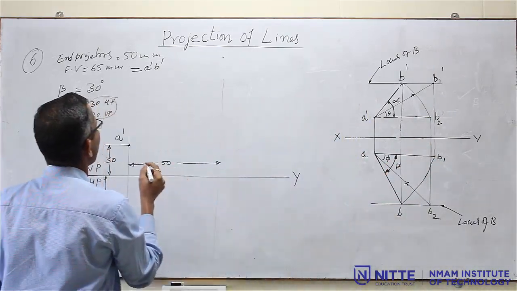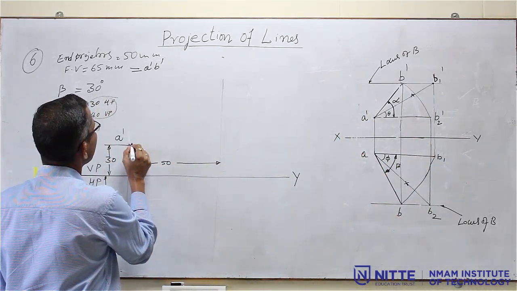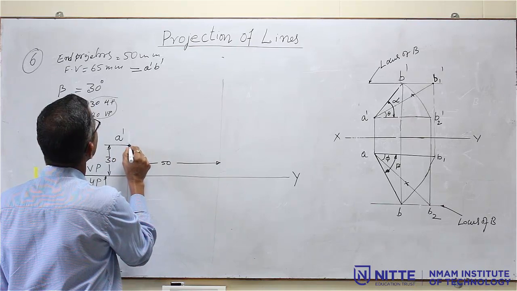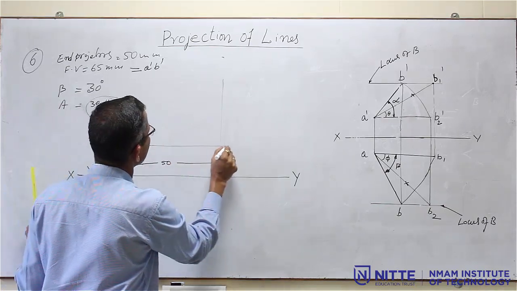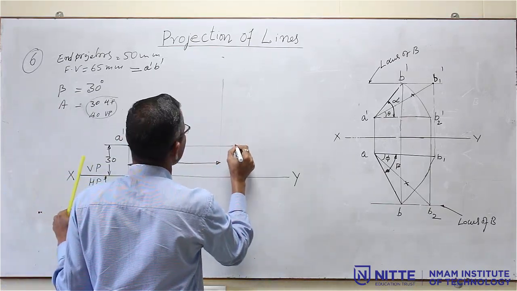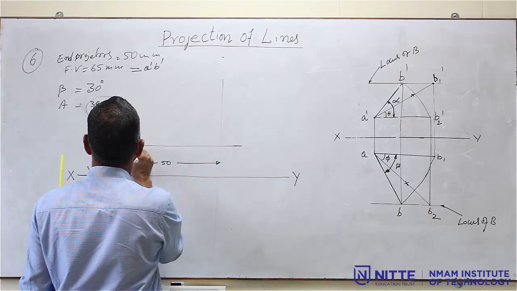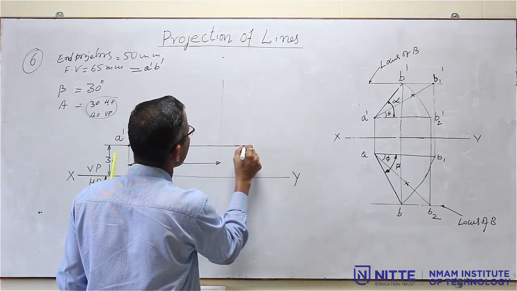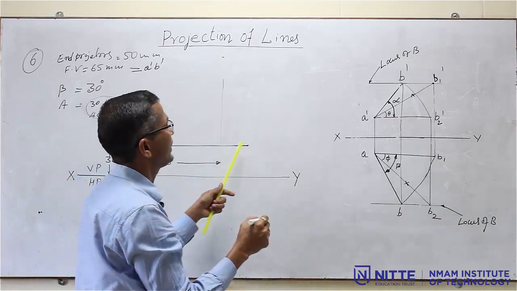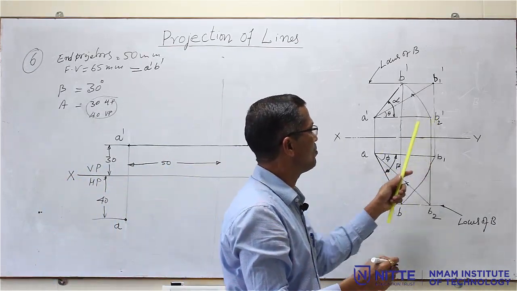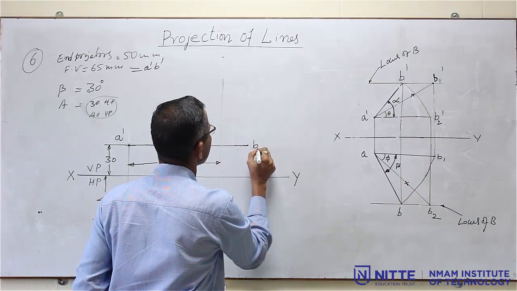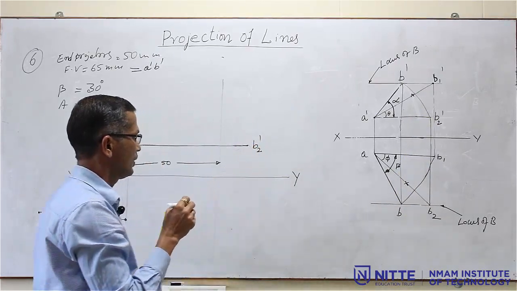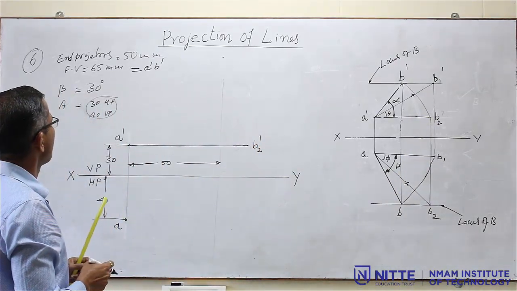Now here I can draw a horizontal line of length equal to 65. What is the name of this point? A dash, it becomes B2 dash. A dash B2 dash.